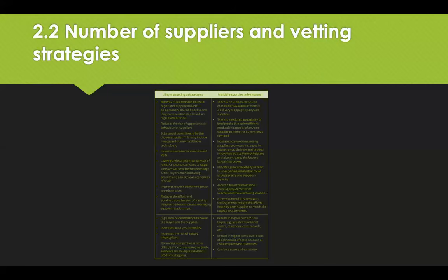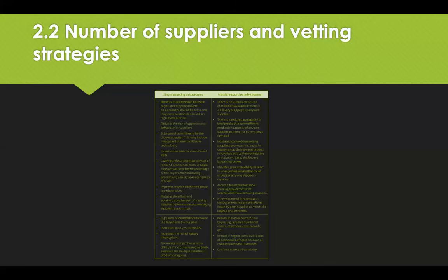Some of the main benefits to single sourcing are that you can build a better relationship, it reduces the risk of opportunism, substantial commitment from that chosen supplier, maybe better innovation, research and development, lowering your costs because the supplier can get a better economy of scale.